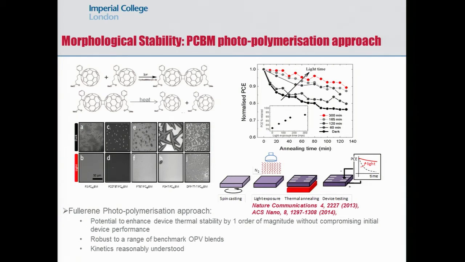So in this graph we show that for a range of different benchmark OPV blends, including PCDTBT, PTB7, DPPTDT, and also P3HT, we all observe that after light exposure, the crystallization is significantly suppressed and the morphological stability is enhanced.